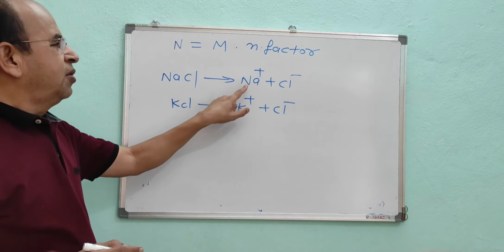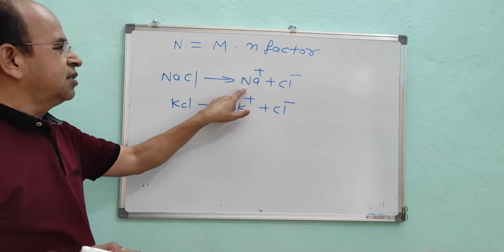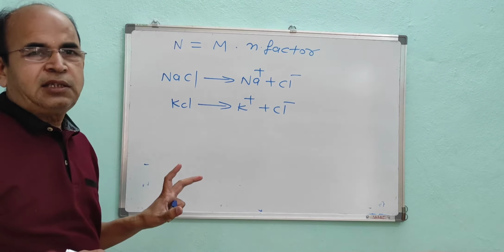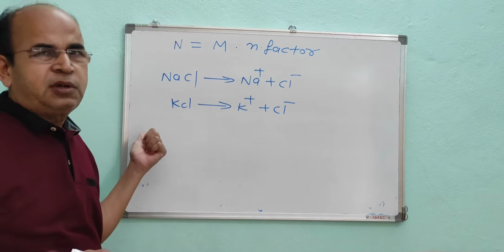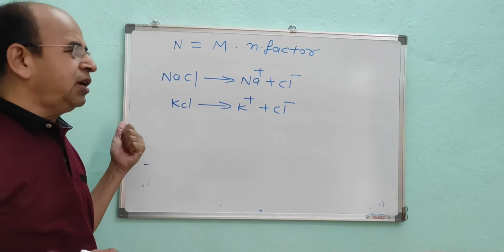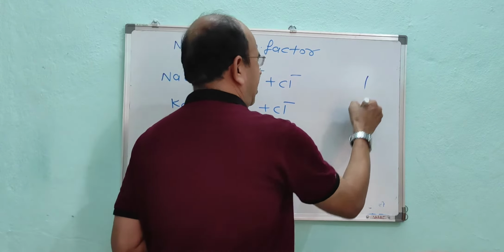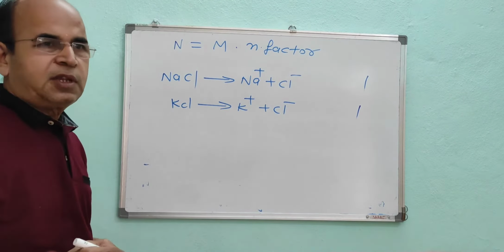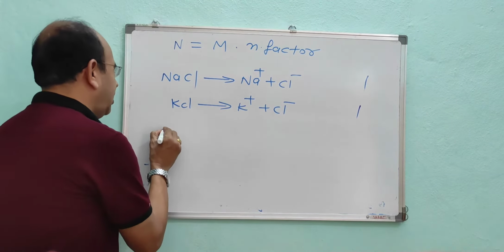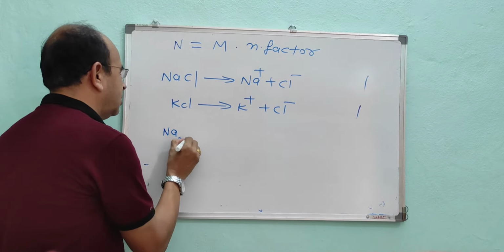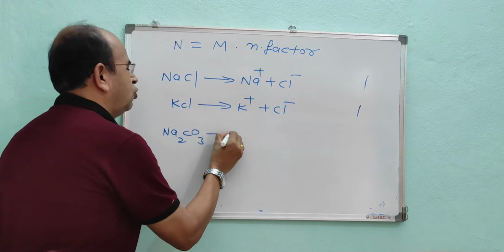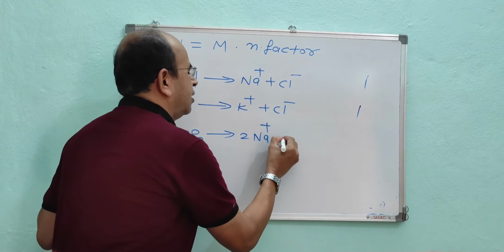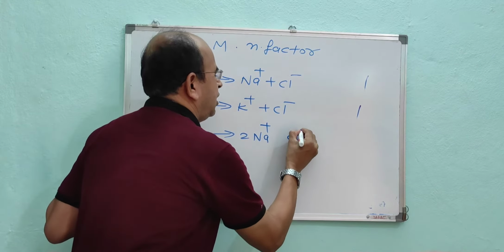The number of positive ions or the number of negative ions is the N factor in case of salt. So here N factor is 1. In KCl also N factor is 1. Now take the example Na2CO3. Here 2Na and CO3.